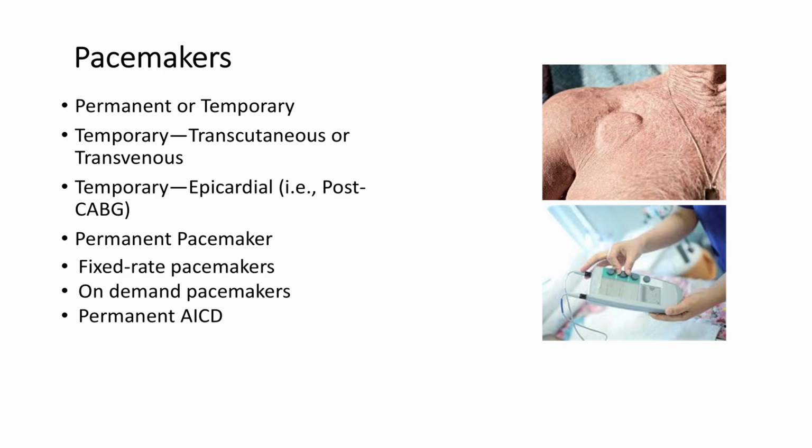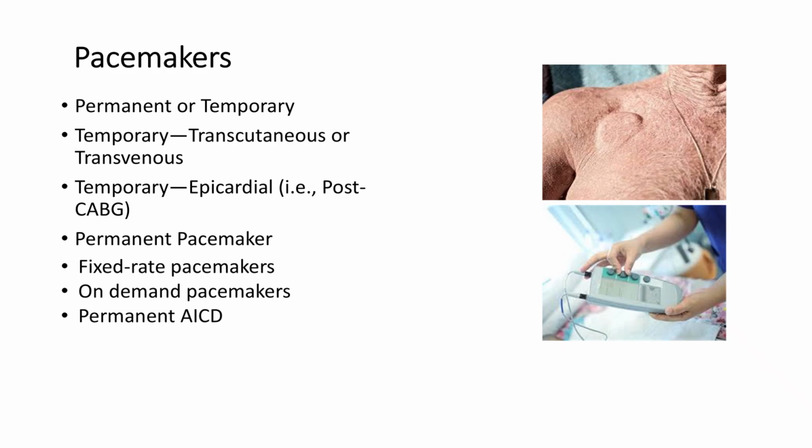We want to give them that glucagon, but then we may apply the transcutaneous pacing. And once all of that medication is out of their system, they may not require further pacing. Likely they won't. Or we will use the temporary pacing until the permanent pacemaker is placed for patients who require permanent pacing.